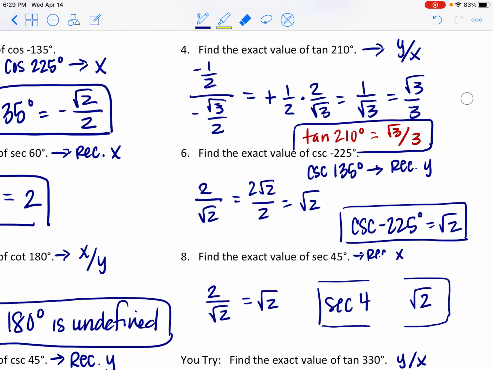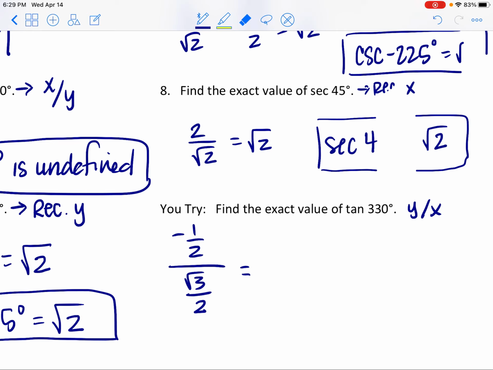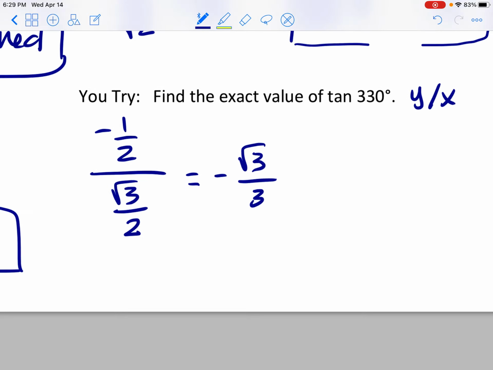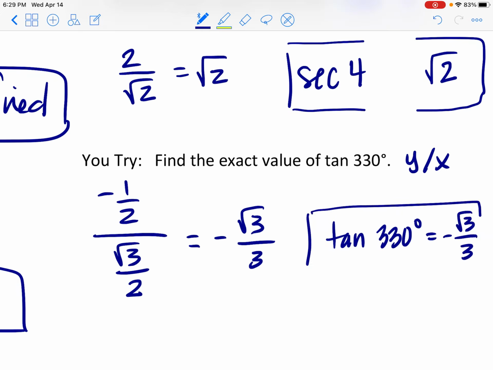And radical 3 over 3, in this case, is going to end up being negative because we have one negative. So it's going to be a negative radical 3 over 3. And that is for the tangent of 330. So we're going to say tangent of 330 degrees equals negative radical 3 over 3. That's the exact value for the tangent of that angle.